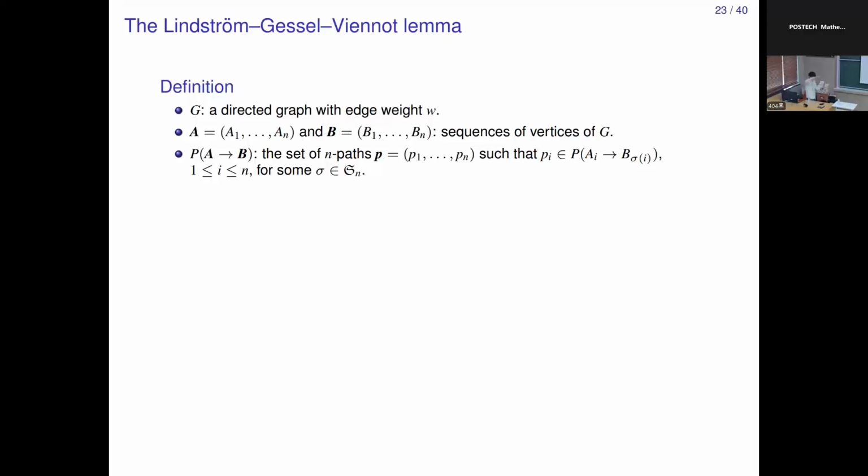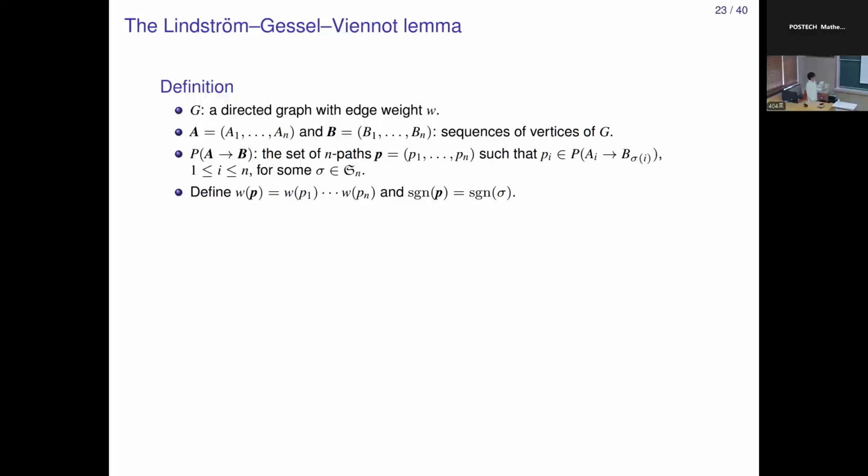That means the ending points can be permuted in some way. And the weight of this n-path is the product of all the paths. And I'm also going to define the sign of this n-path, which is just the sign of the permutation.